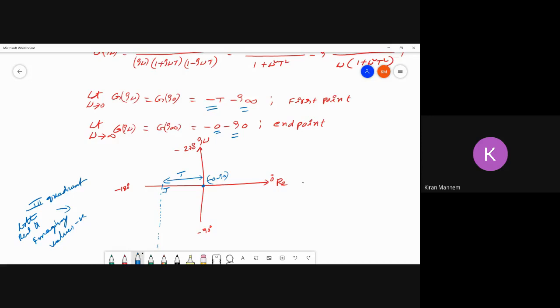So it must reach the point like this. So it started somewhere with length minus t and infinity.